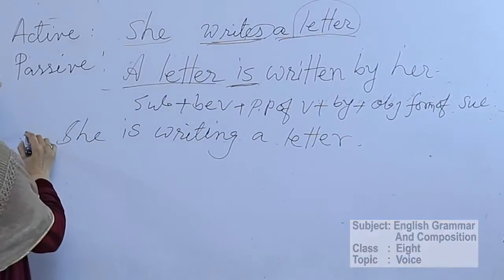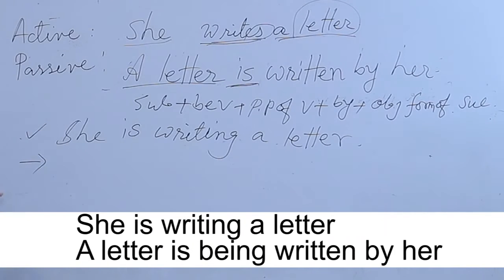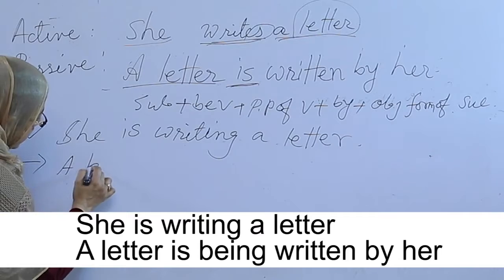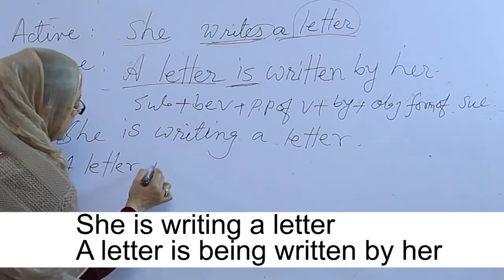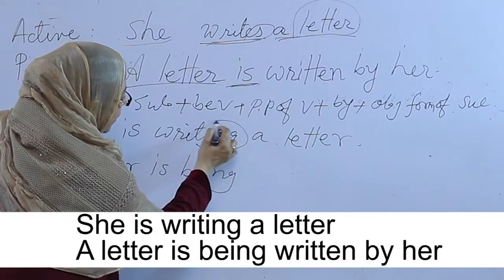Again I write another sentence. This is the present continuous sentence. How can I turn it into passive? A letter is being written by her. We use being because it is a continuous form.